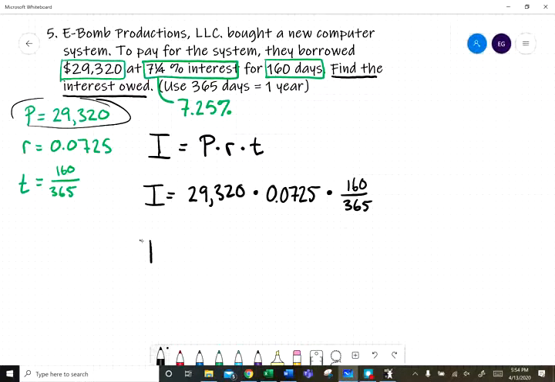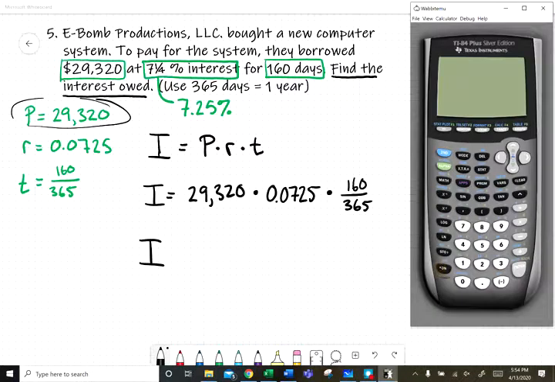So we're not going to have to add the interest to the original principal, we're just looking for interest. Okay, so let's plug this into our calculator. Let's clear that screen. 29,320 principal times the rate, which is 0.0725, times the fraction 160 over 365.